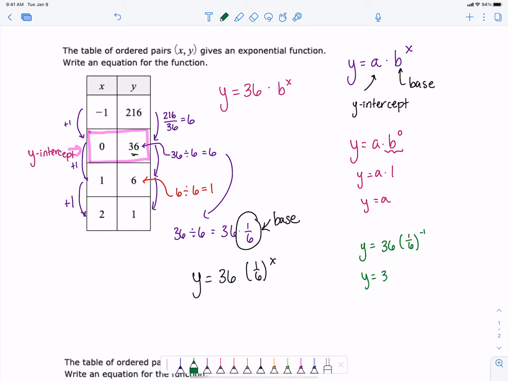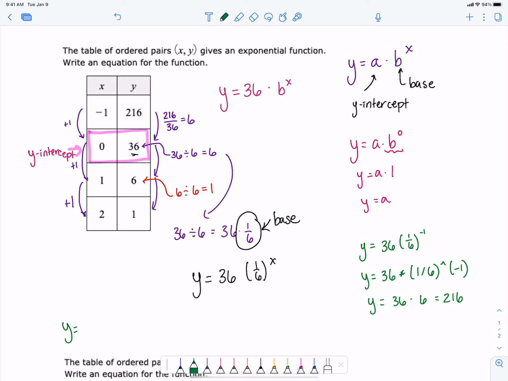I would hit multiplication, then 1/6 in parentheses, then my caret button, and then -1. What's happening mathematically with that -1 power is it's flipping over the fraction, multiplying it by 6, and we get 216. So when our input was 1, our output's 216.